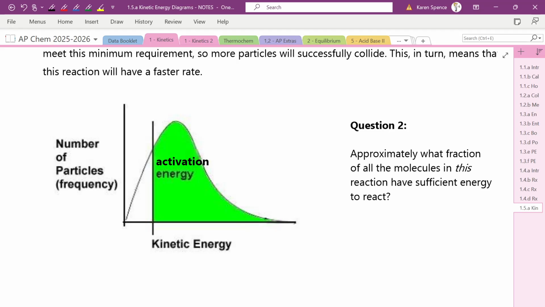Probably 9/10 or something like that. What do you guys think? Close enough? Okay. So we went from having 1/12 in that one reaction because its activation energy was high. In this reaction, the activation energy is low, so 9/10 of particles have sufficient energy to react.